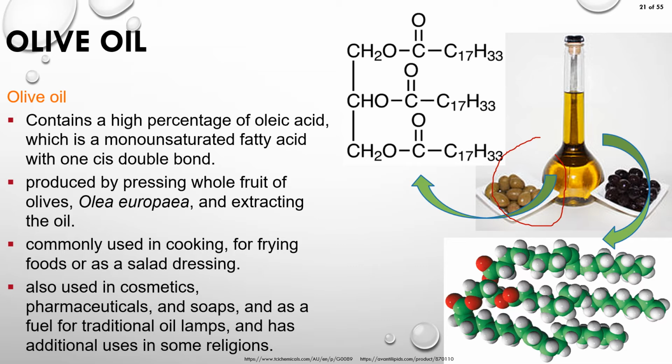What else? Corn oil. So as I've said, olive oil is a bit expensive, you know. Olive oil has been recognized for centuries for its nutritional properties and considered as the elixir of youth and health by the ancient Greeks. So olive oil is commonly used in cooking, for frying foods, or as salad dressing.